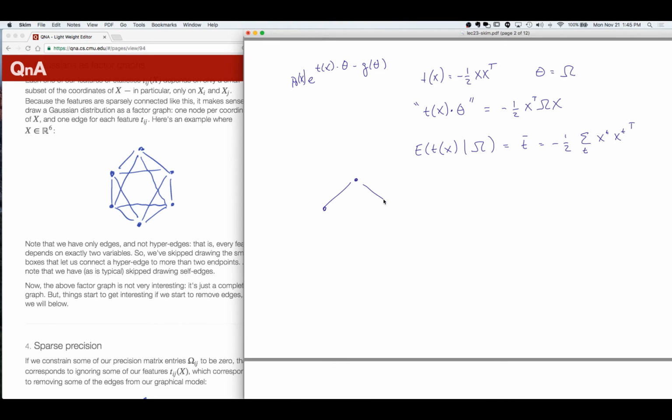The graph that I want is truly the fully connected graph the way I said, right?